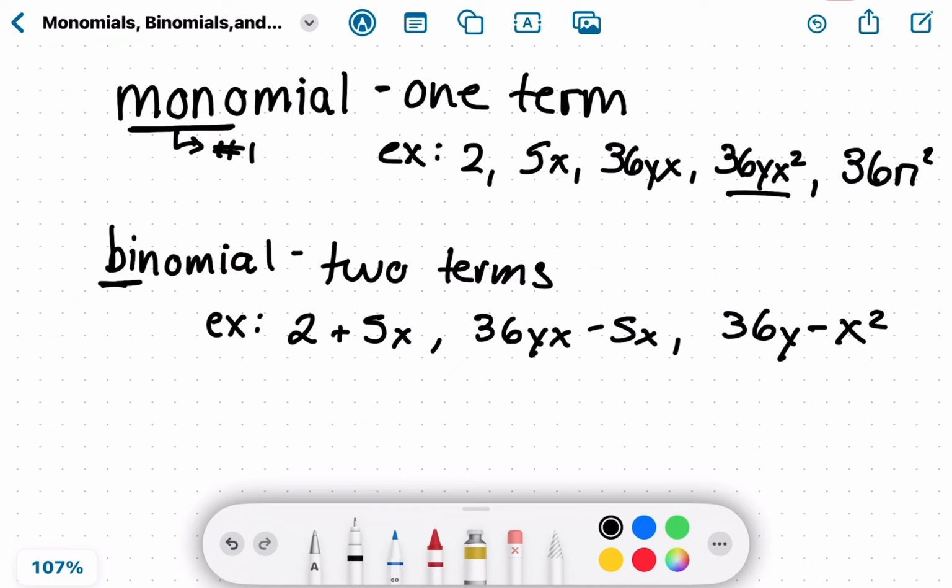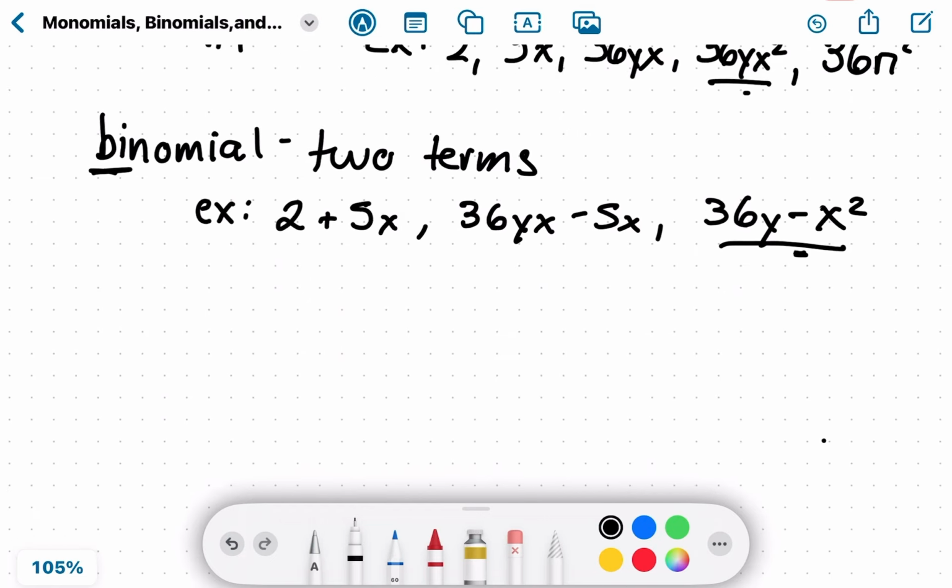Now, this and this are not the same thing. They're two different things. But this is an example of a binomial, and this is an example of a monomial. This one has only multiplication inside of it. This one is separated by subtraction. So two different things. They have different results, different outputs, if you were to plug in a number for the variables. And now, on to trinomials.